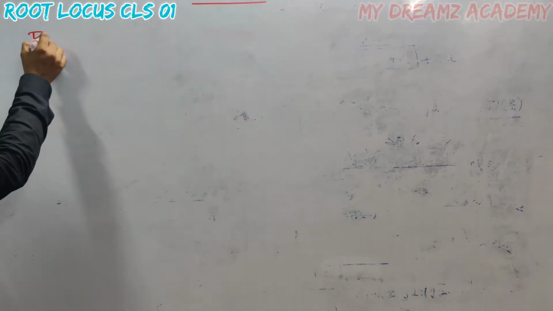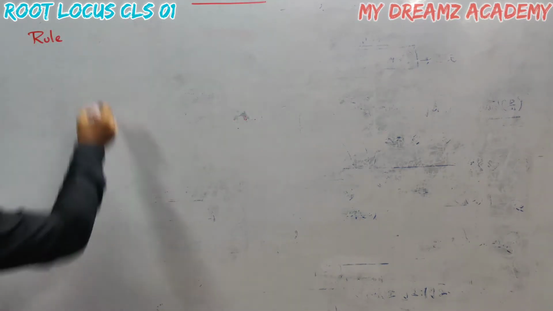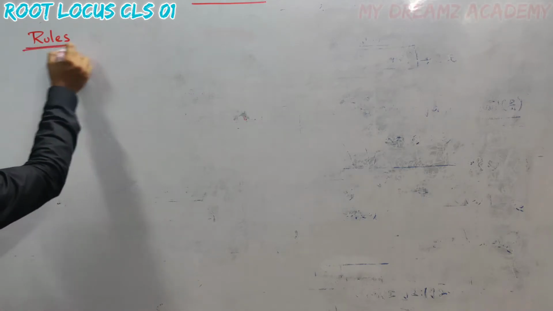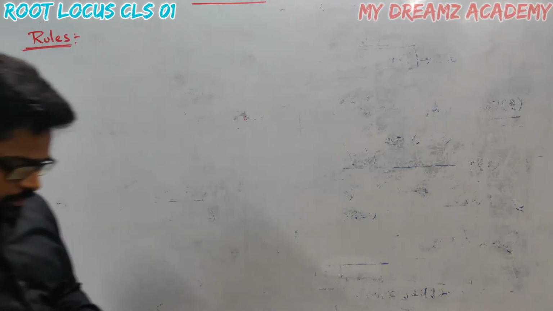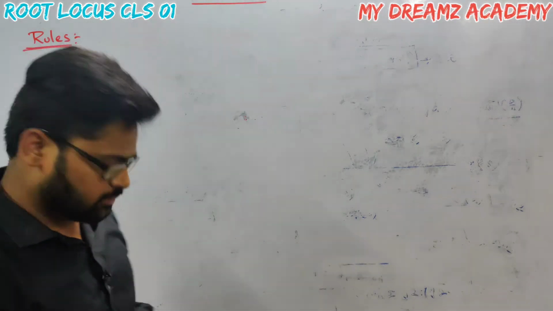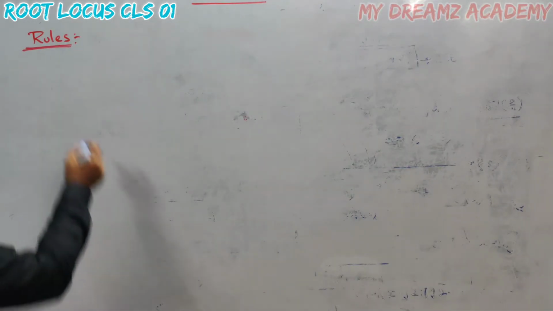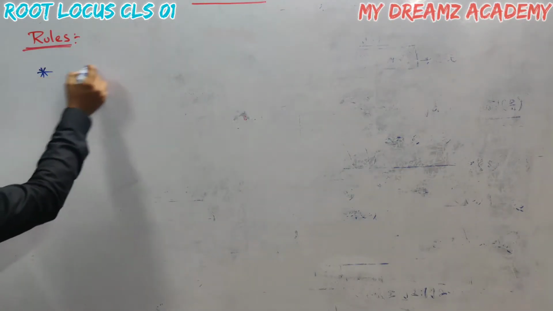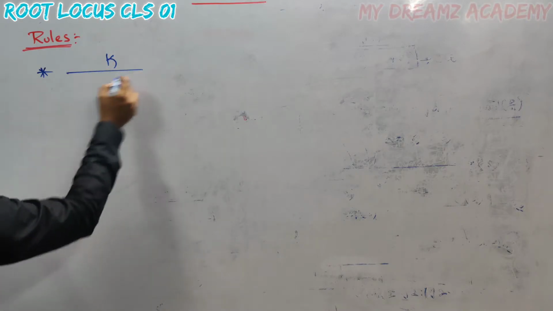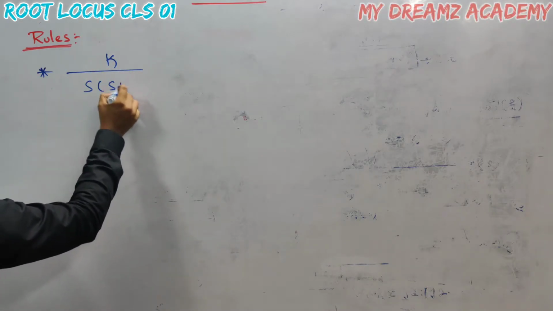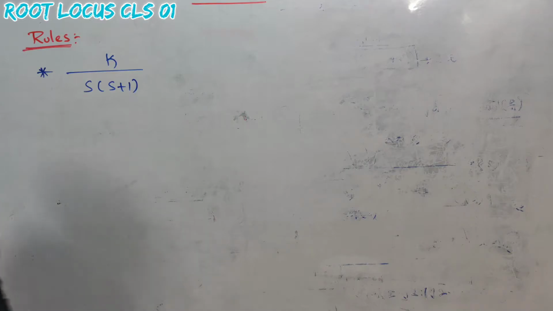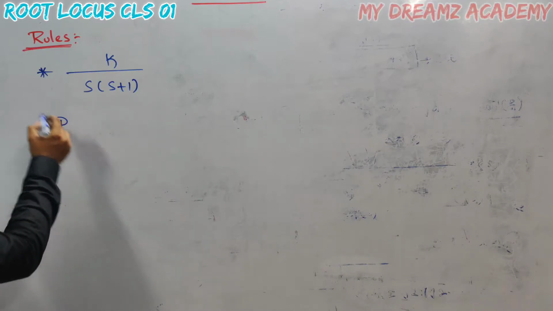Now we will see some rules to find the root locus. The very first condition: first of all we need to take one transfer function. Let us consider the transfer function s into s plus 1. We need to find the number of poles.